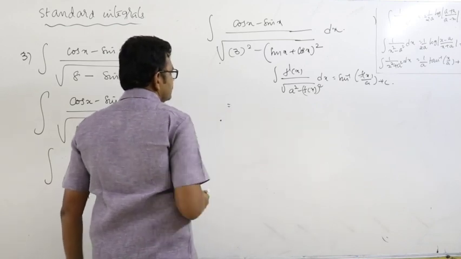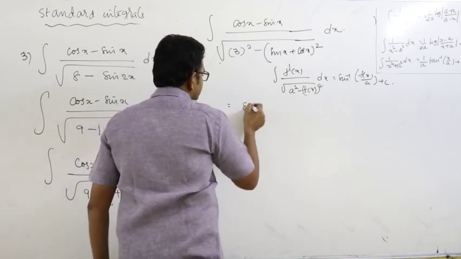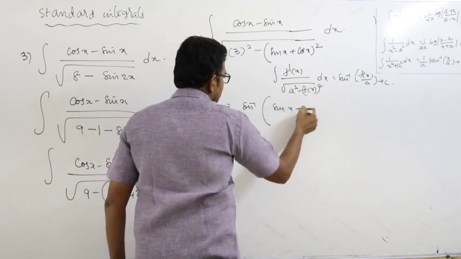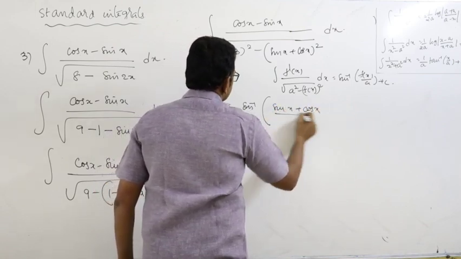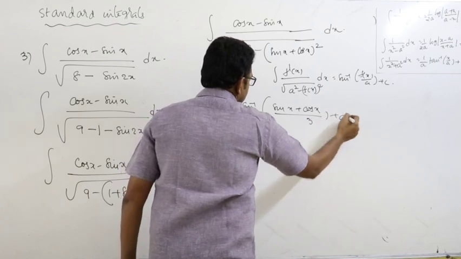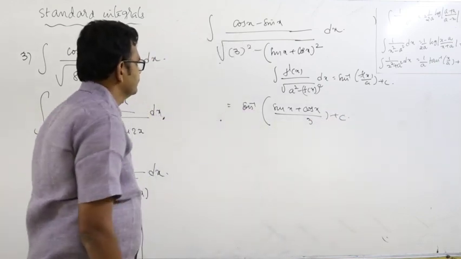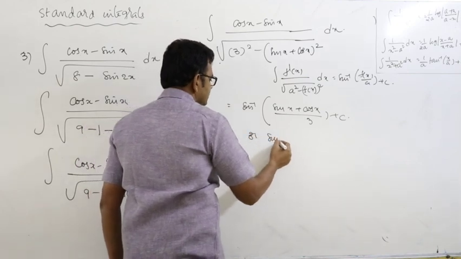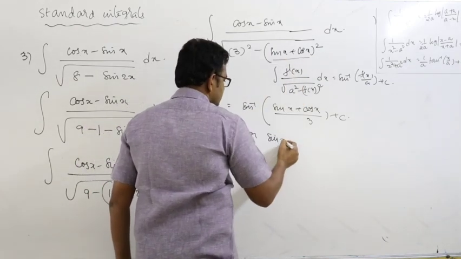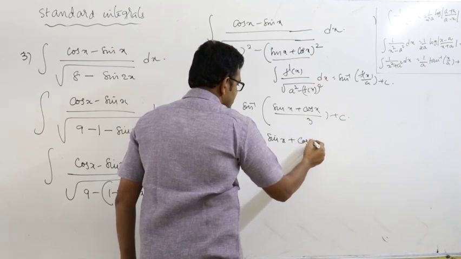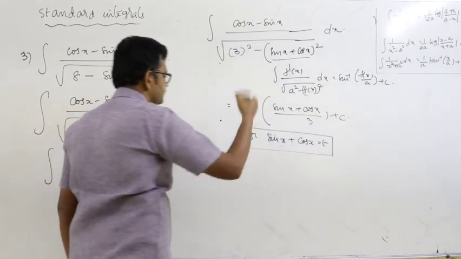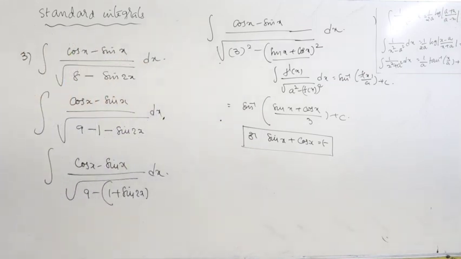So, that is equal to sin inverse of sin x plus cos x by 3 plus c. Or you can write sin x plus cos x equal to t and proceed. Write down.